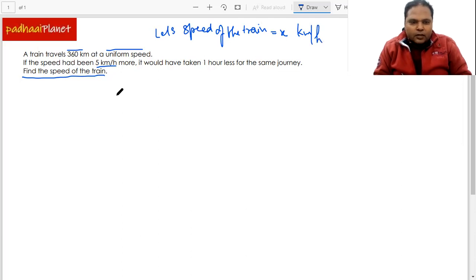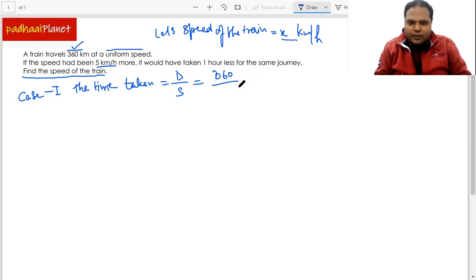So that means if the distance is 360 kilometers, then in case one the time taken will be, we all know that time is equal to distance upon speed. So time is equal to 360 divided by x, where x is in kilometers per hour.